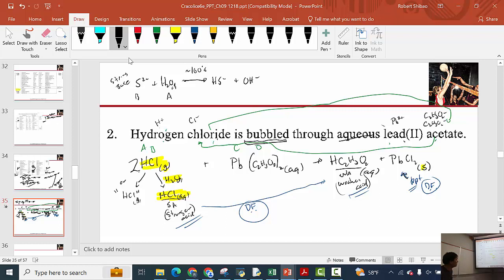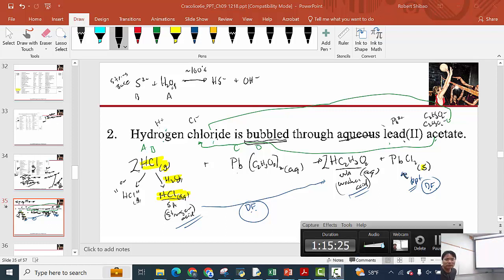How many leads? 1, 1. How many acetates? I have 2 acetates here, I only have 1 acetate here. I'm going to have to double that. If I double the acetates, that's going to double the H pluses, which I need to happen over here. And so this would be balanced. All right, let's take a break now for 15 or so, and then come back.